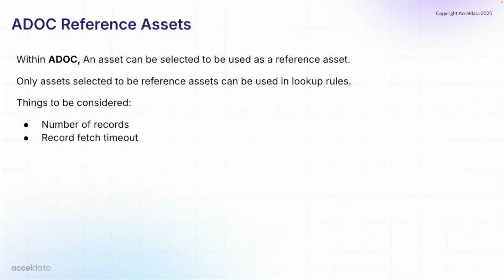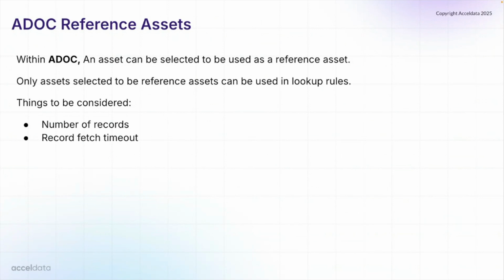Now, the next thing is that ADOC also gives us an option to select or create an asset as a reference asset. So what is a reference asset? A reference asset is a database table that serves as a baseline for comparison for other data sets using these data quality reconciliation operations. It means it is used to ensure that the data in the other data set is accurate and conforms to expected standards.